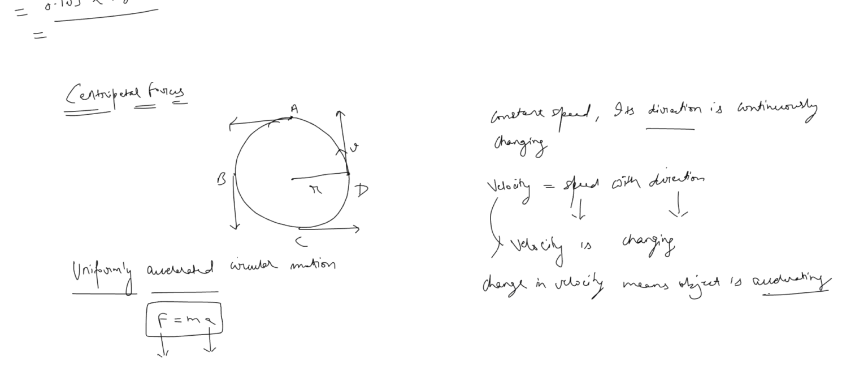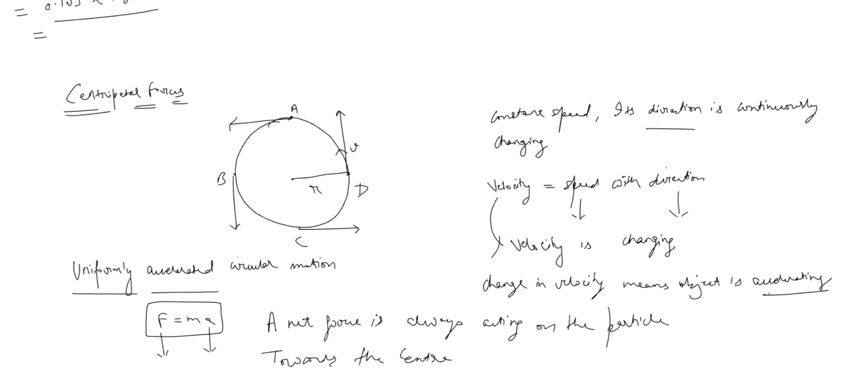So what does that mean? If a particle is in circular motion, a net force is always acting on the particle. And the direction of that net force is towards the center and along the radius.